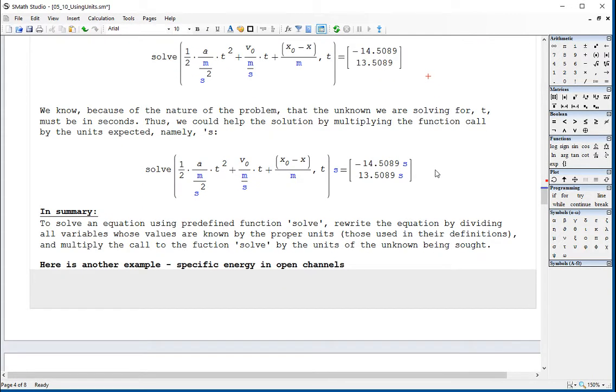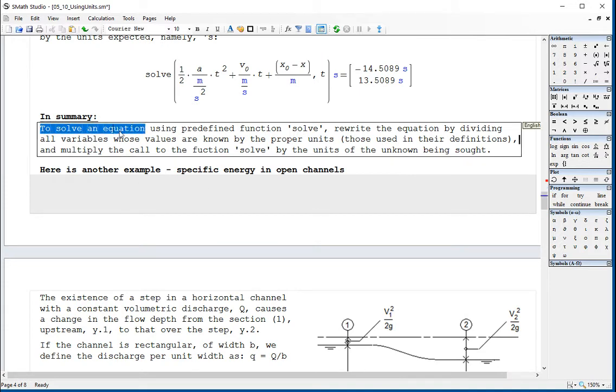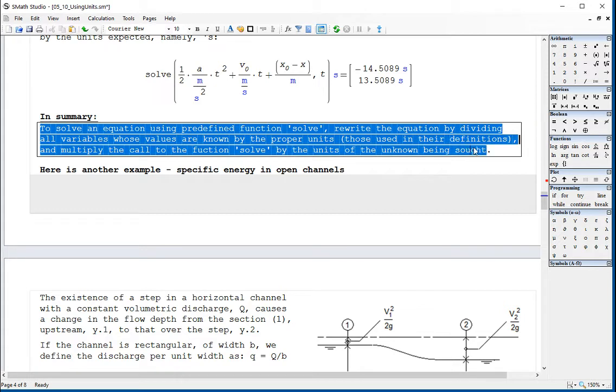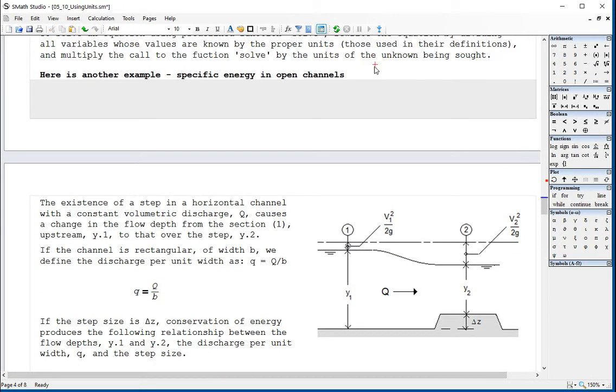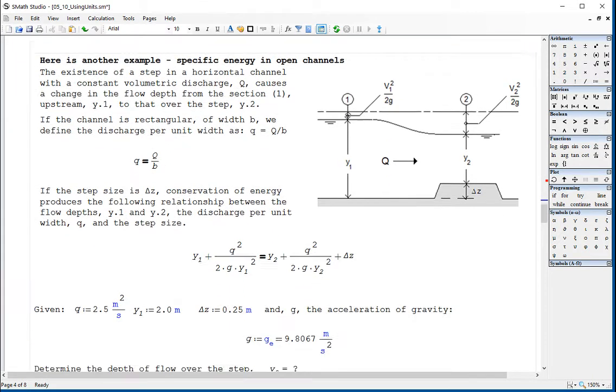And now you get your results. In summary, to solve an equation, rewrite the equation by dividing all variables whose values are known by the proper units, thus using the definitions, and multiply the call to the function solve by the units of the unknown being solved.